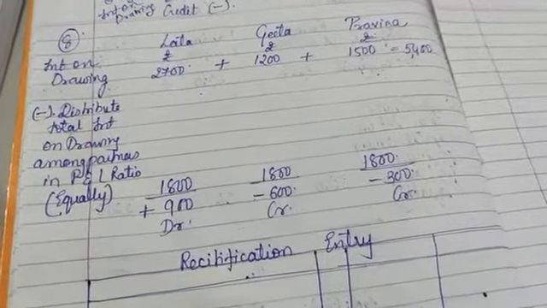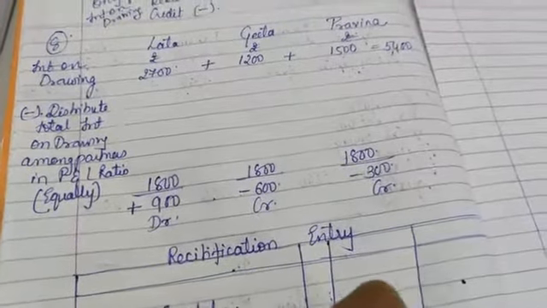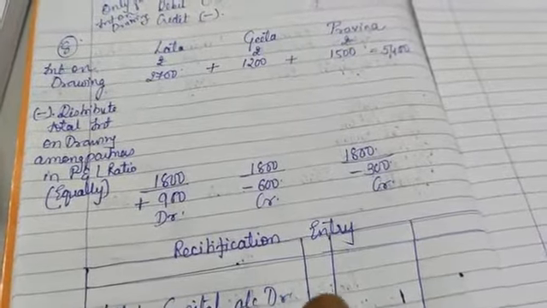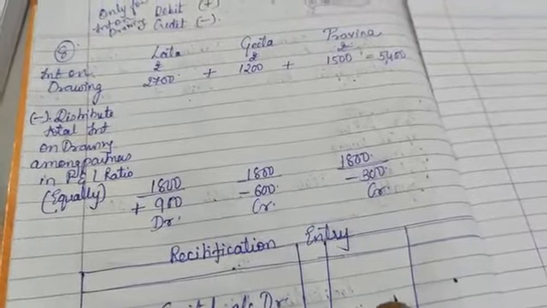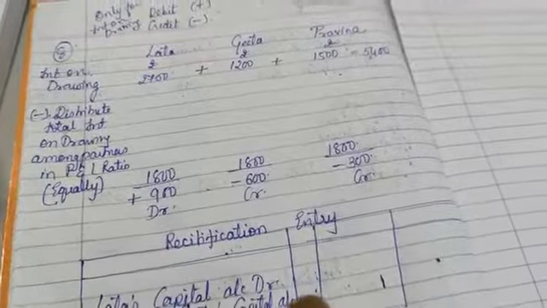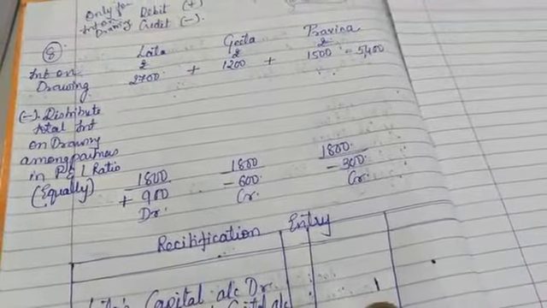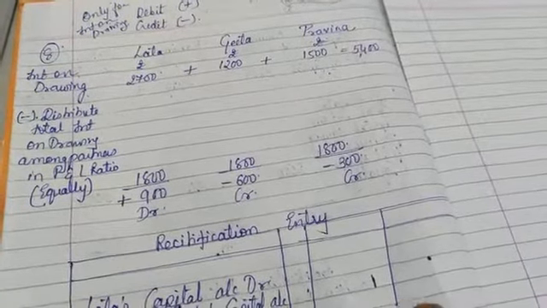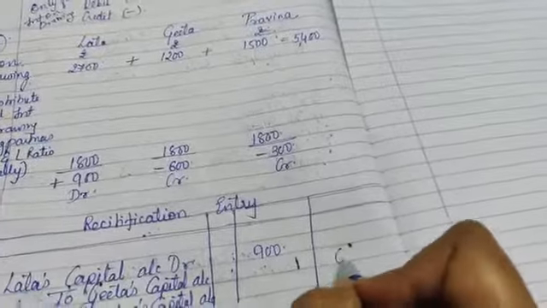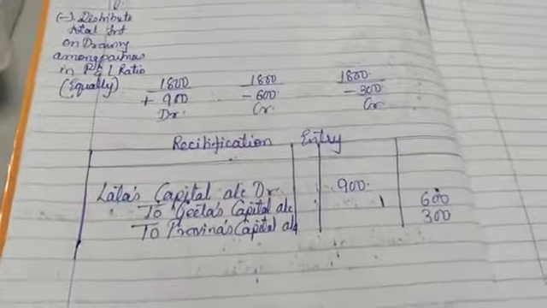So Lata's capital account debited to Geeta's capital account and to Praveena's capital account. Okay, that is 900, then 600 and 300. Okay, hope the sum is clear.